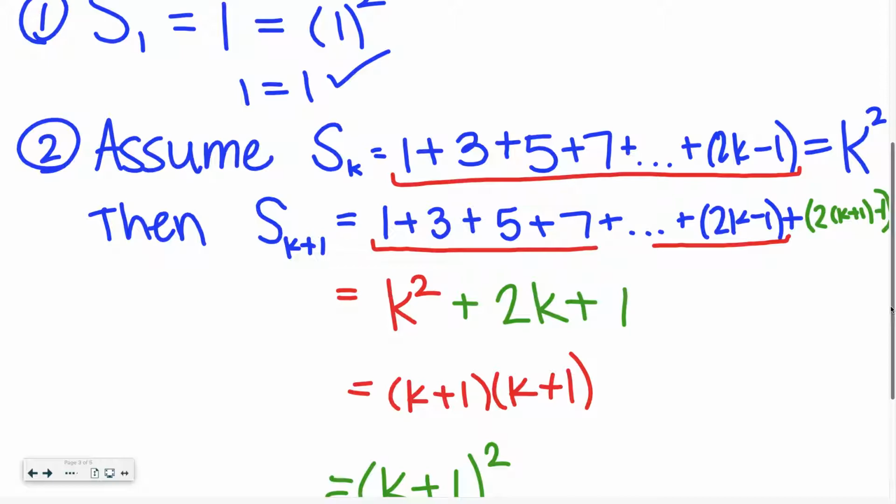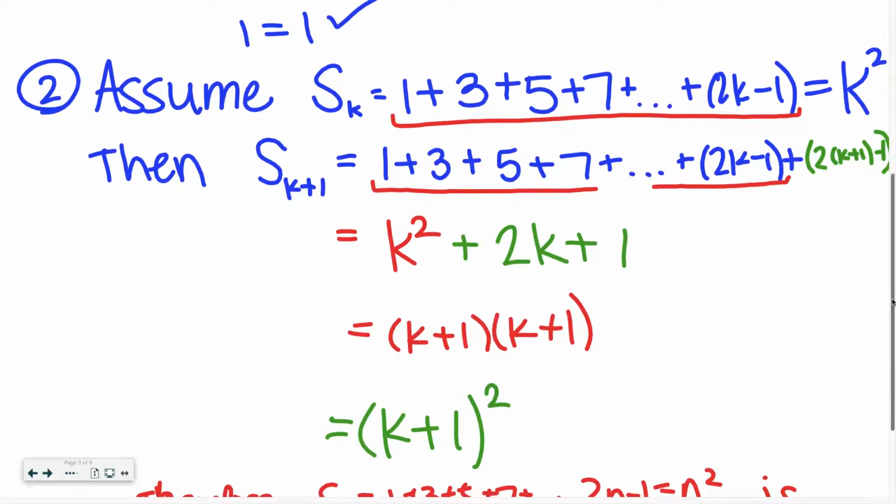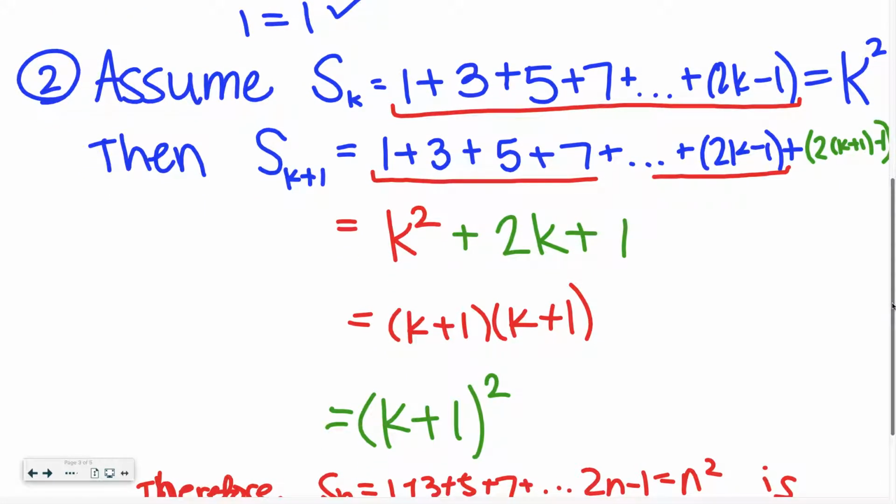We don't know what this equals, but since our k sum equals k squared, then we want to show our k plus 1 sum equals k plus 1 squared. If we get there, then we've done what we need to. This will happen every time.